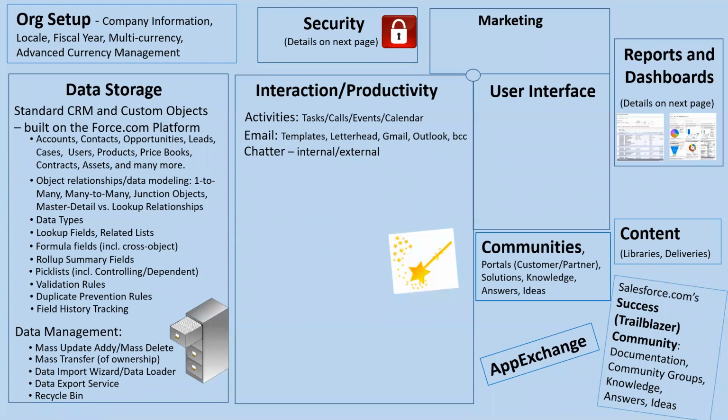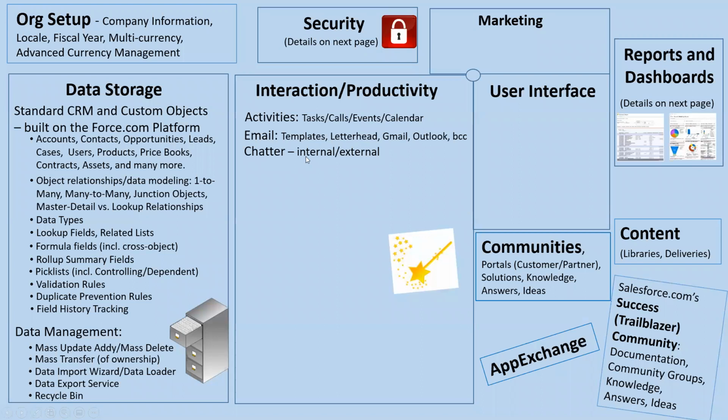Chatter is Salesforce's sort of a collaboration tool. It's kind of like an internal Slack channel, and allows collaboration among users. You can follow records so that you'll be alerted when changes are made on records. You can mention other users, and you can control what kinds of things you see in your feed.